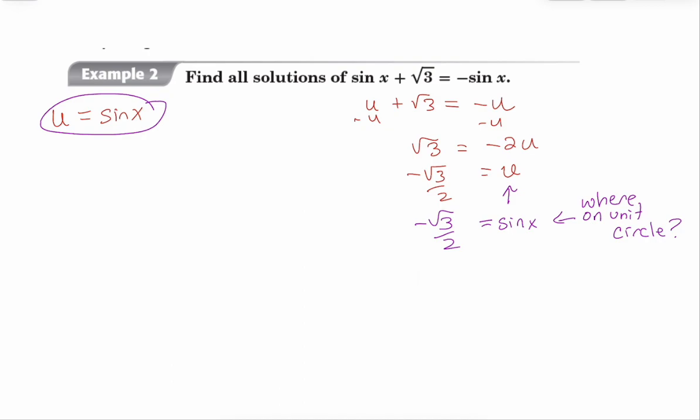If it didn't say all solutions and it just said 0 to 2 pi, our answers are going to be the angle measures of 4 pi over 3 or 5 pi over 3. Okay. Now, here's where it gets all solutions. Let's go back a few chapters, I think chapter 7.